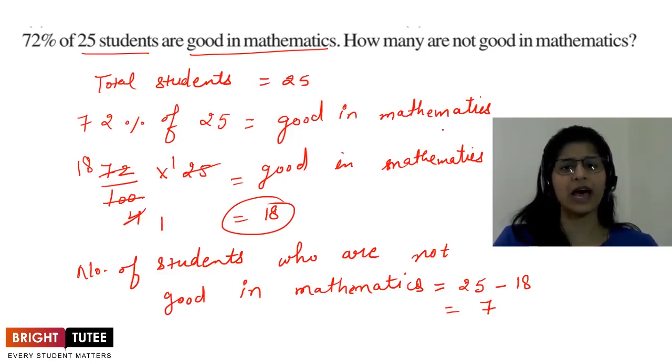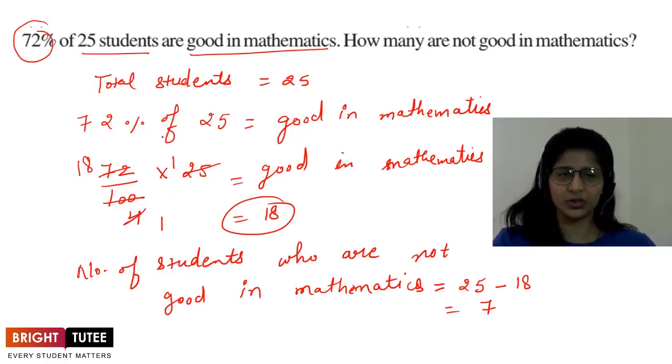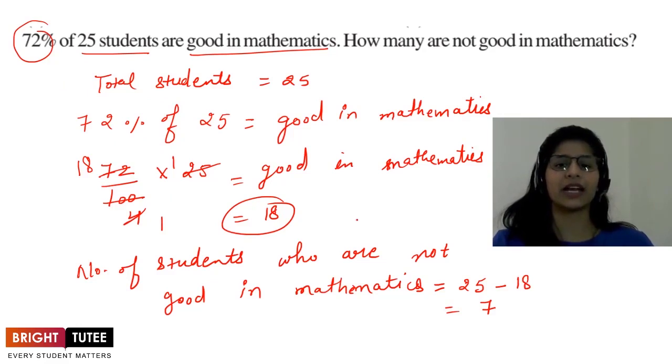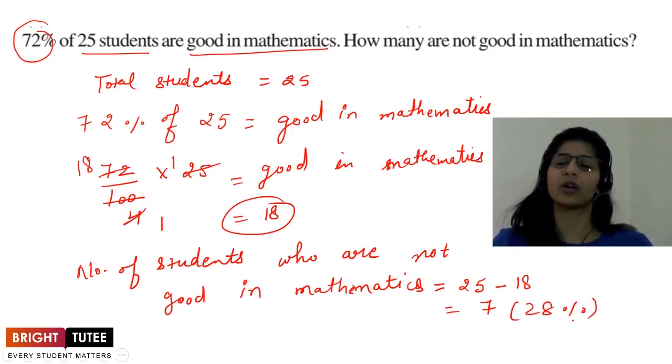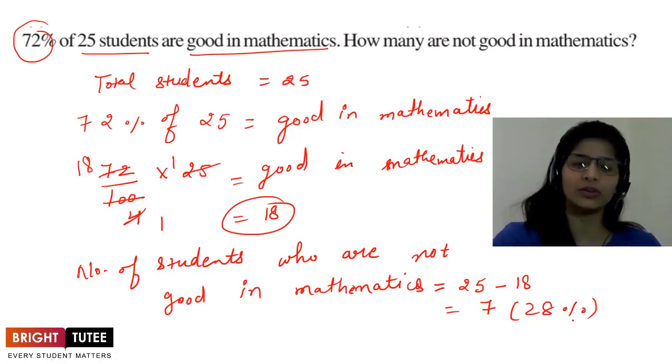Also, if the answer has been asked in percentages, if 72% are good in maths, that means how much is left out of 100? 28. So if 72% of the students are good in mathematics, then out of 100, there are 28% students who are not good in mathematics. Clear? So this is how we calculate. Let's move to the next question now.